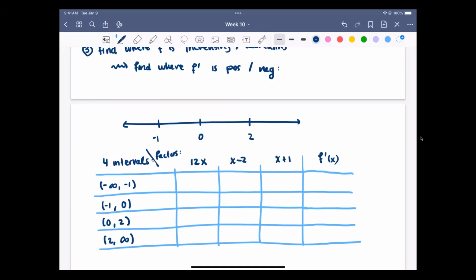Okay, so for example, for numbers coming from the interval -infinity to -1, is 12x positive or negative? Yeah, it's going to be negative, right? So I'll just put a minus sign into that box. Okay, what about x minus 2? Is that positive or negative on this interval?